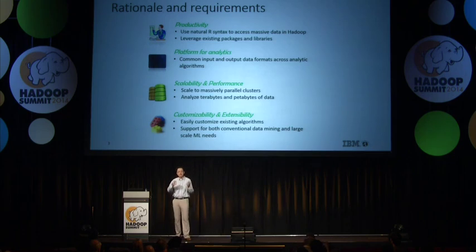This concept of moving the analytics to the data versus moving the data out to the analytics is also a key reason for running R in a platform like Hadoop. And when we talk about big data, certainly scalability and performance are key.